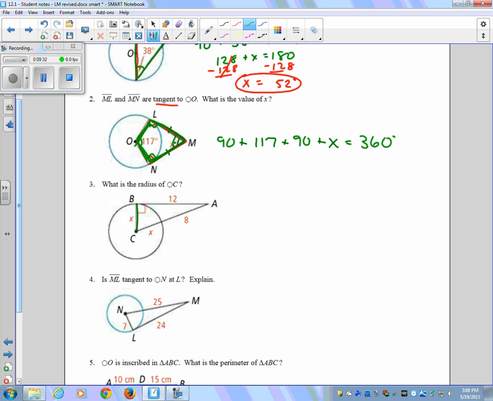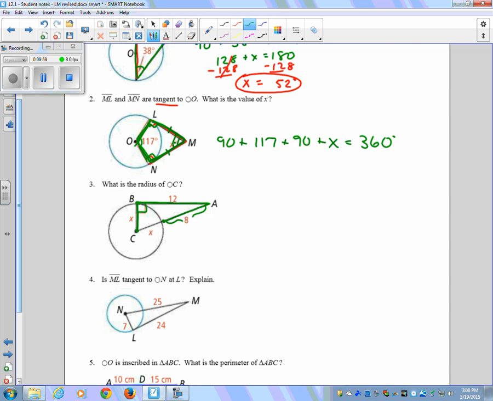We are told that from the center C to point B is x. We're told this is a right angle, so we know that this is a tangent line, and we're told the length of AB is 12. We are told that from A to the circle is 8, just going up to here.